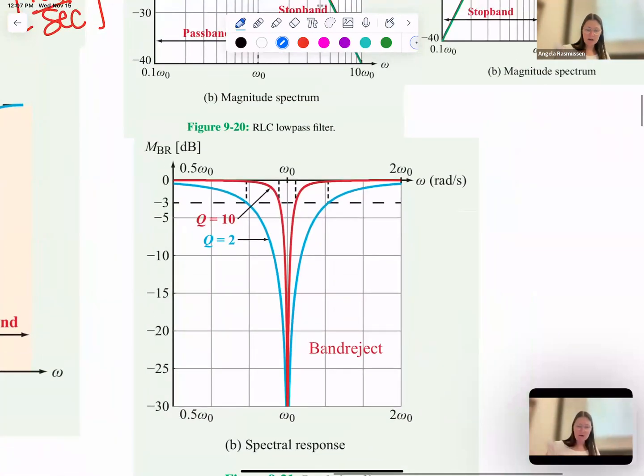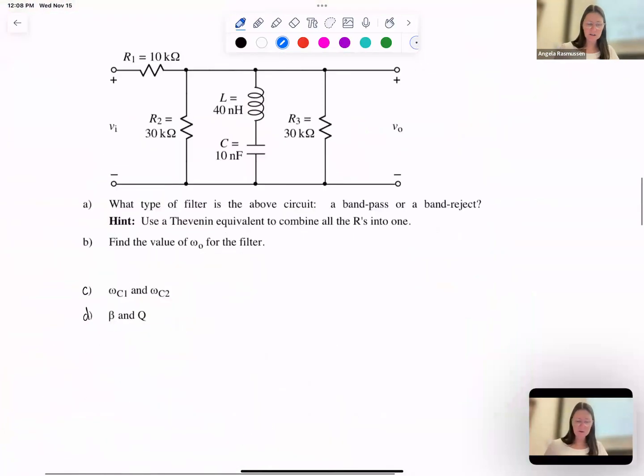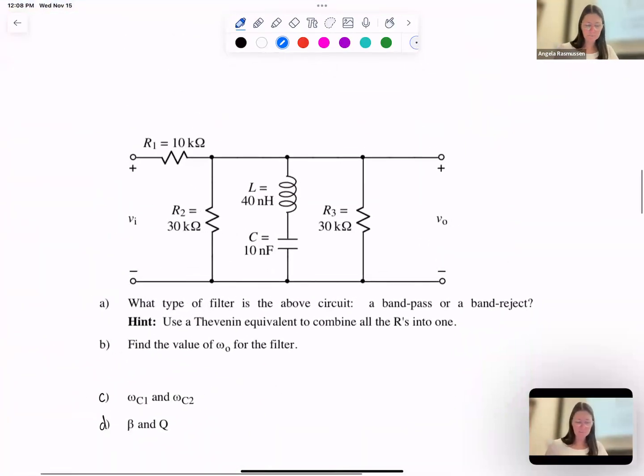On the band reject, again you want a high Q. So for band reject and band pass, you want high Qs. For the other two, you want low Q. You just want to know those terms for when you're designing. I'll get into a little more about Q.